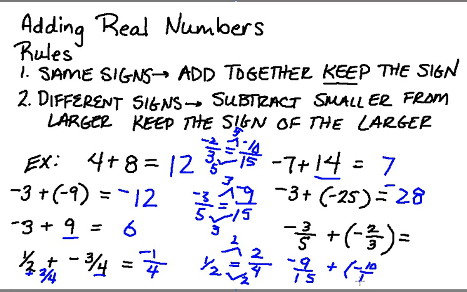Once again, when we're adding fractions, we keep the denominator, so it's going to be 15, and we do the operation on the top. I see that we have the same signs, so I'm just going to add them together. 9 and 10 is 19, and I'm going to keep the sign, which is negative. So that is how we add real numbers.